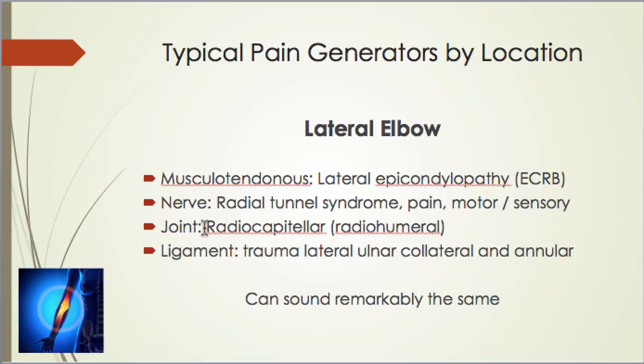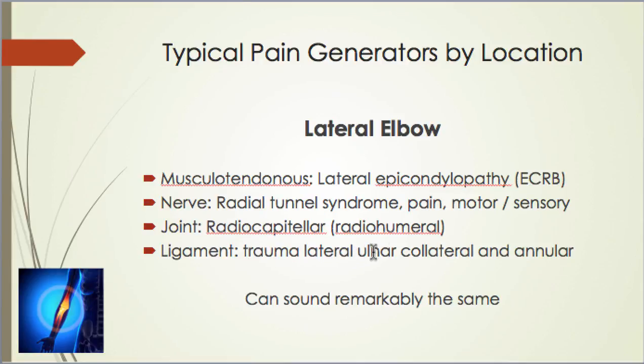For the joint, the radiocapitellar joint, which is the radiohumeral joint: if you think about the radial head, it's round. It's not really a true joint like the radioulnar joint, but it is a joint. And because it's more mobile, it is more prevalent to have osteoarthritis or osteoarticular problems at the lateral elbow than the medial elbow. And then ligament issues.